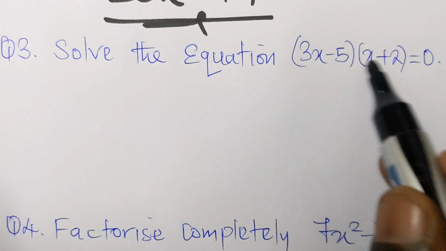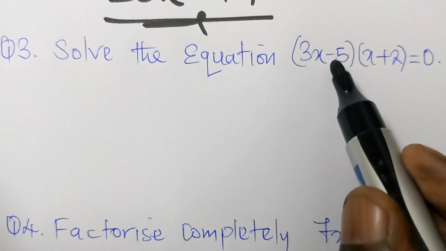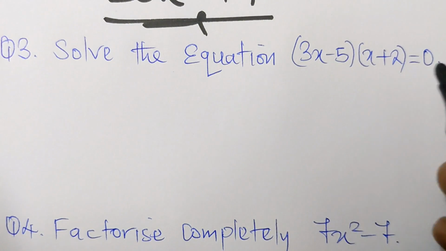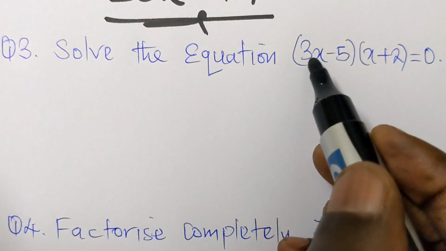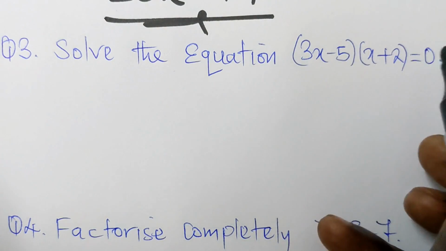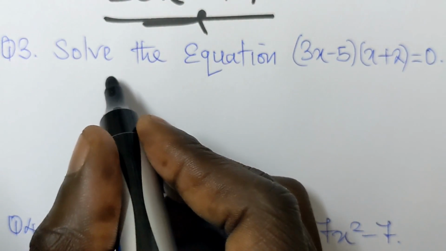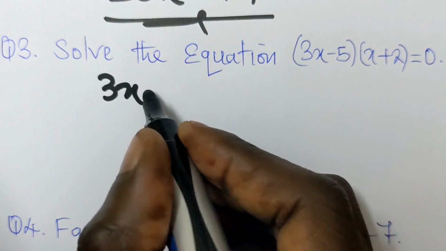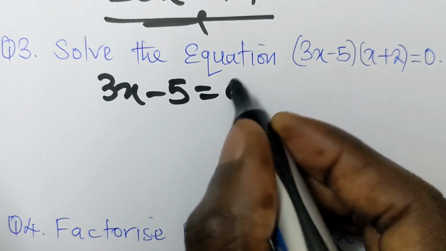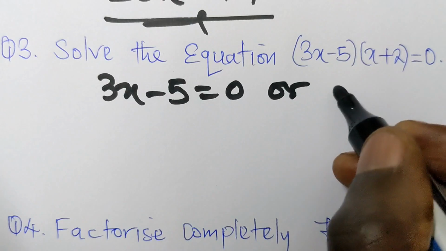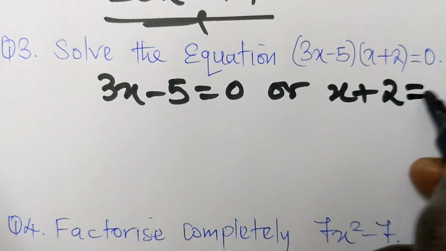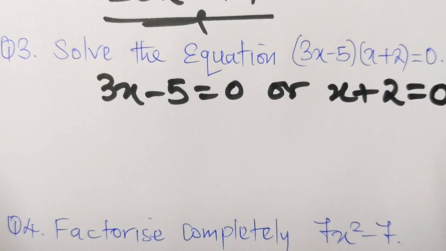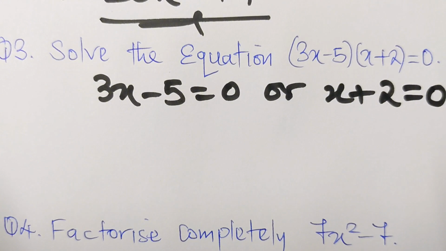Now at this stage, when we have expressions multiplying on the left side, all we have to do is equate 3x minus 5 equal to 0, or x plus 2 equal to 0. So that is what we are just going to do.